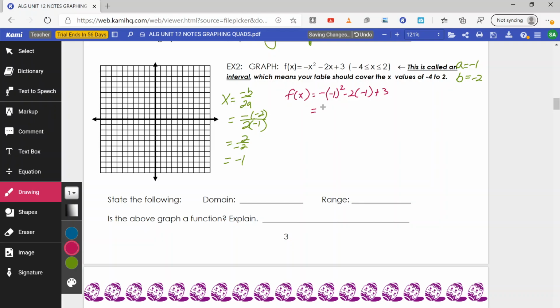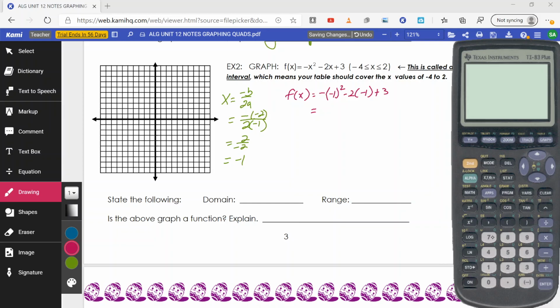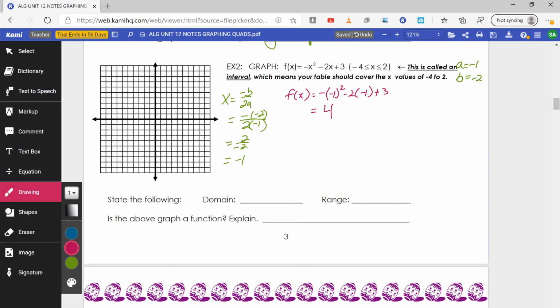So -1 squared, minus 2 times -1, plus 3, and we get 4. So our turning point is -1, 4. So left 1 and up 4. There is my turning point.